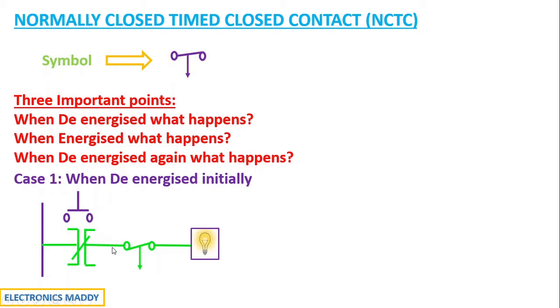So the power starts flowing, the rung gets energized, and the contact is also getting excited because the current starts flowing through the contact, and the light starts glowing because it is acting as a short circuit, normally closed initially. That is why in this case, when de-energized initially through the push button switch, the light starts glowing in this particular fashion. So the output is in high state.